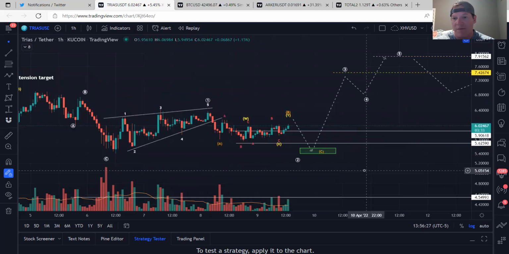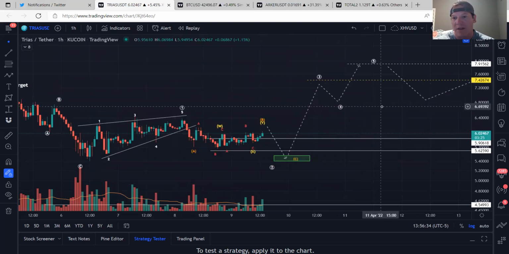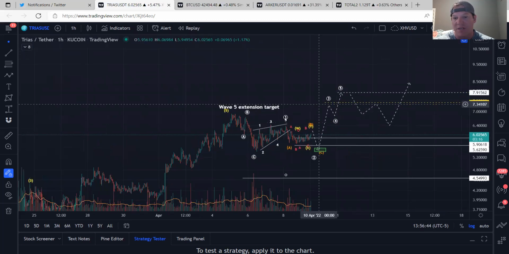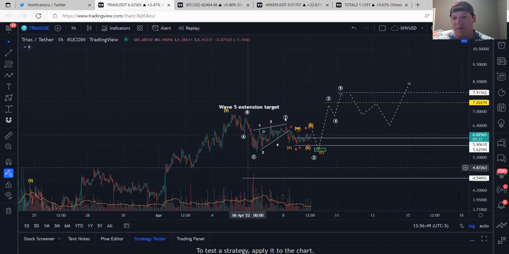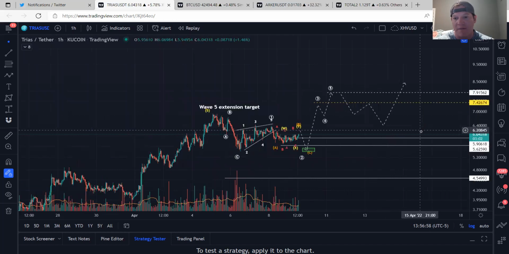Then we would have our 3 wave up, our 4 wave down, and then our 5 wave up, 3 wave taking us to 750 or so, 5 wave taking us to around $8. Then we would have another ABC correction down, and this would be a larger degree 1, 2, 3, 4, 5. So this would be a larger degree 1, and then your 2 would be here after your ABC correction around 640 or so, and then we would have an explosive large 3 wave up from there.